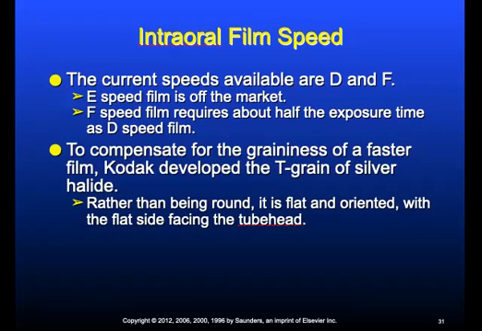Rather than being round, these grains of silver halide are flat and oriented with the flat side facing the tube head. So the F-speed film, which is the newest and fastest film on the market today, reduces radiation exposure to the patient by about 20 to 60% compared with E-speed and D-speed films.